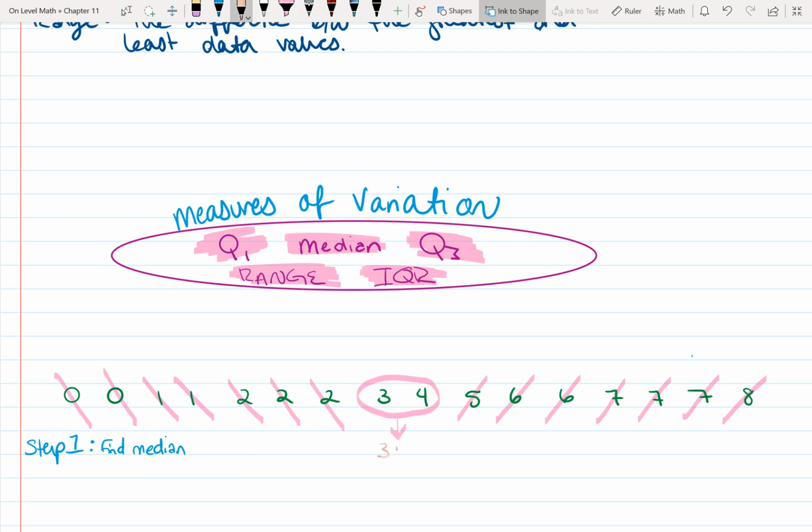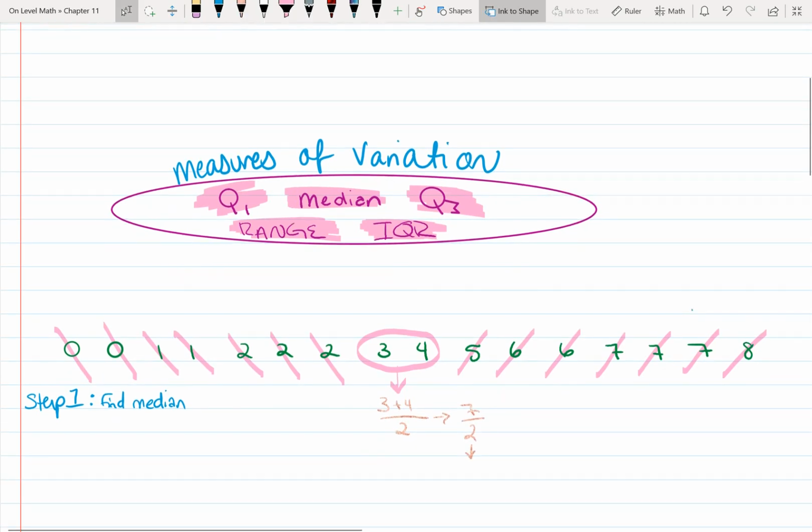We do 3 plus 4 divided by 2. 3 plus 4, right? 7 divided by 2. And I'm showing you it like this because this is exactly how I'll show it to you in your homework. 7 divided by 2 is 3.5. And I guess if you needed your calculator for that, that's fine, but you should know 7 divided by 2. All right, so 3.5 is our median.